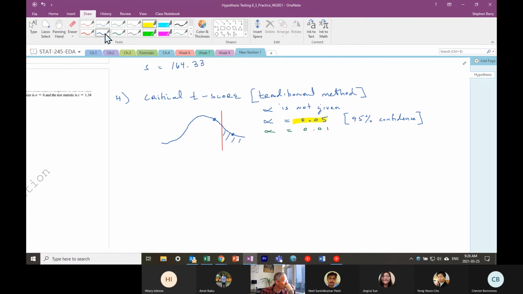The other thing we need to know is degree of freedom, right? That's how we figure out the critical t-score, which always comes from the chart. Either your z-score chart or your t-score chart finds your critical value, always from your tables.